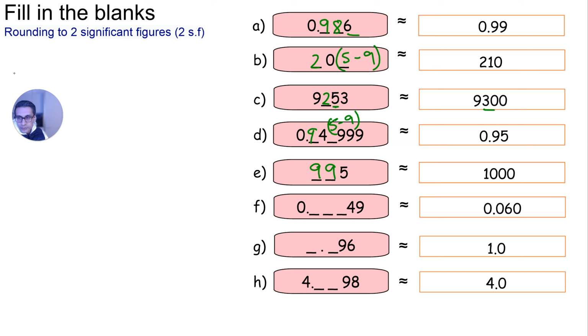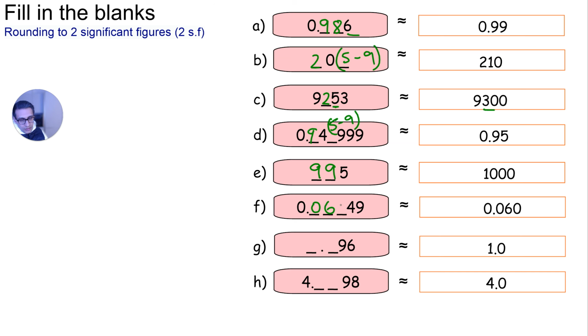So for question F, we know that this is going to stay as a 0.6. If we keep that as a 6 and, for example, try a 9 here, that wouldn't work, because that would end up giving you 0.07.